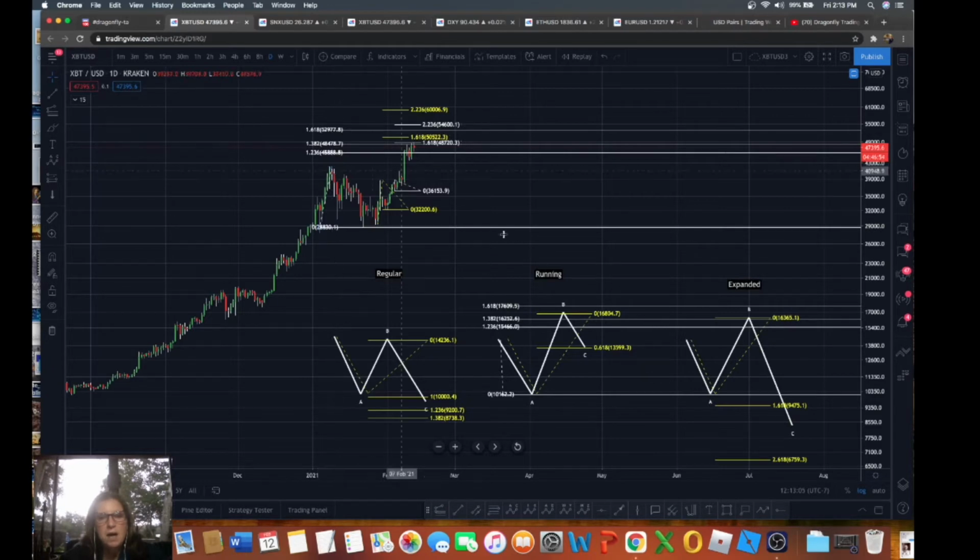And that happens in two flats. There's three flats in Elliott wave, and it only happens in two of them. The expanded B pocket is right at the 1.382 and the 1.236.